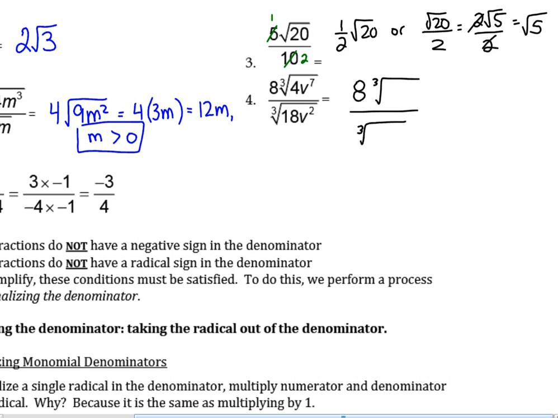So 2 is going to become the numerator and 18 will become 9. v to the 7 divided by v squared. You have 7 v's on top, 2 on the bottom. What happens? 2 of them cancel, so you're just left with v to the 5.